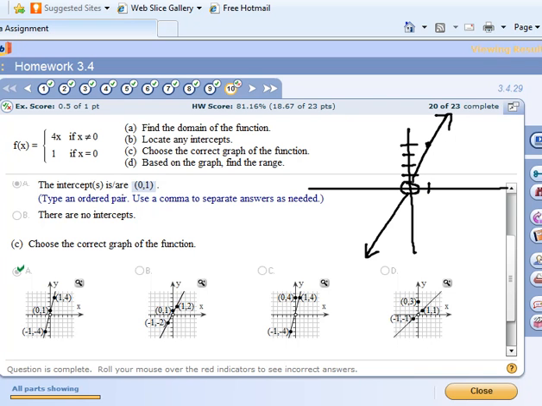Now for the next part of the graph. The next part says y equals 1 if x equals 0. So if x is 0, y equals 1. That's a point right there.